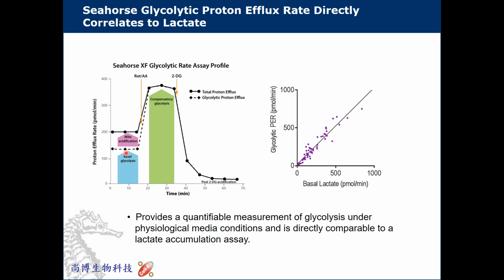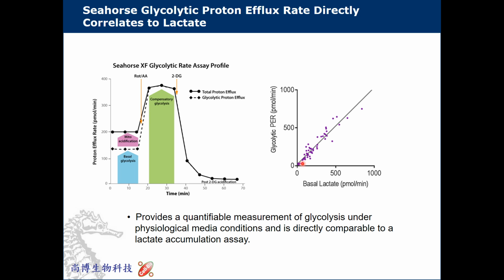We use this basal glycolysis to compare to the traditional gold standard, lactate production. We can find the correlation is very high, so we can very confidently say it totally works and could replace the traditional lactate production.